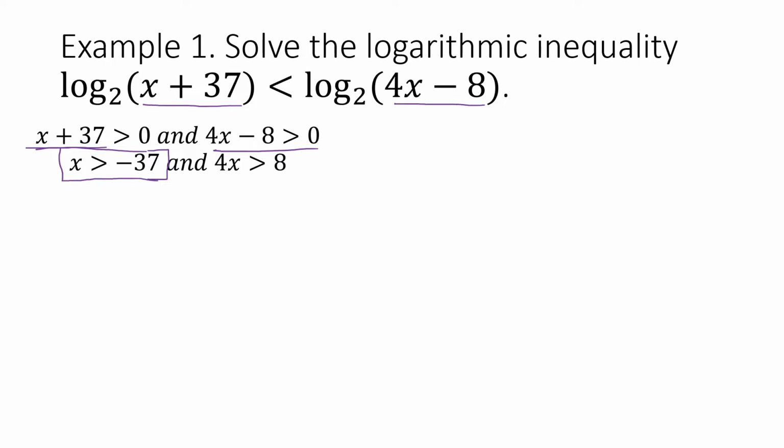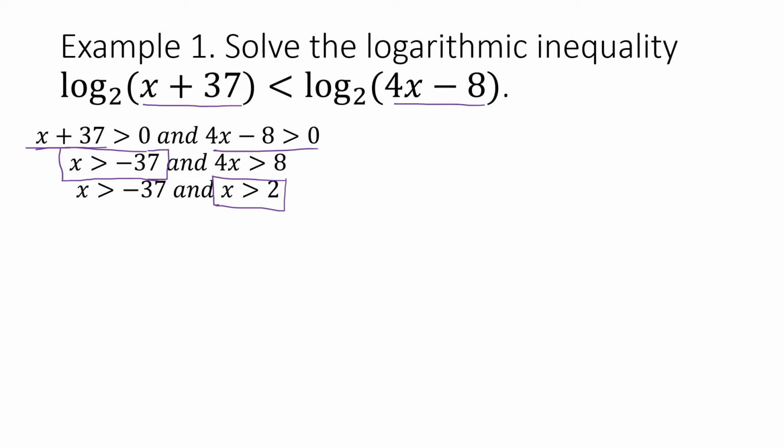So let us simply divide both sides by 4, and you'll get x is greater than 2. That is, 4x divided by 4 is x, and 8 divided by 4 is 2. So for the second inequality, this is the solution.